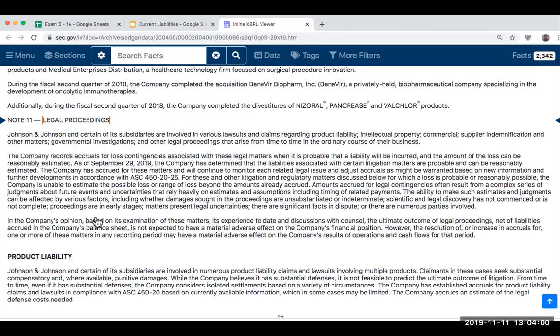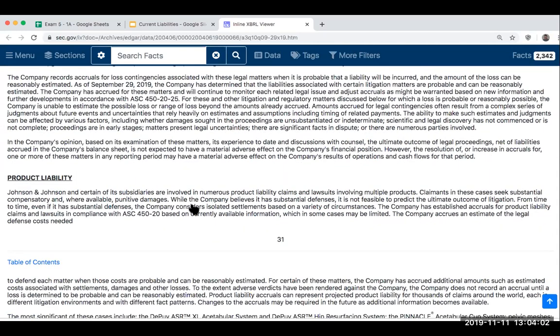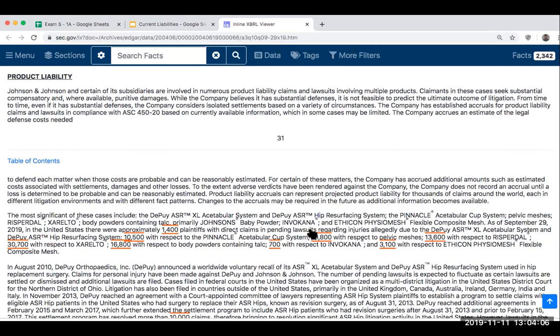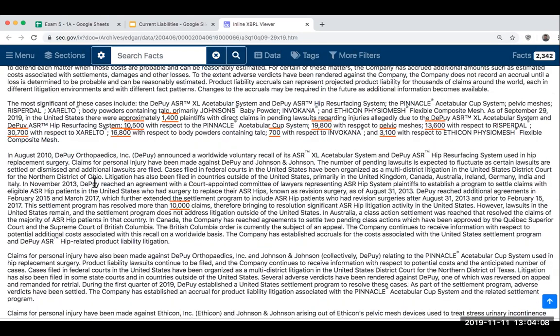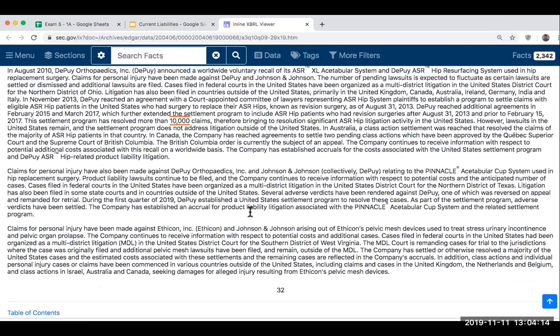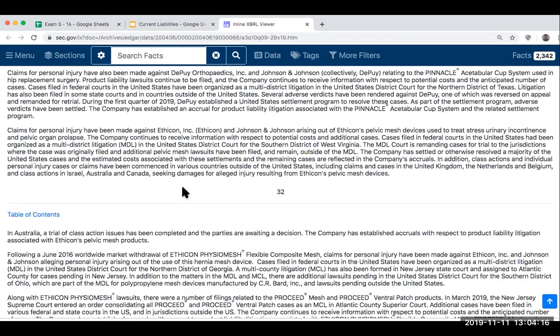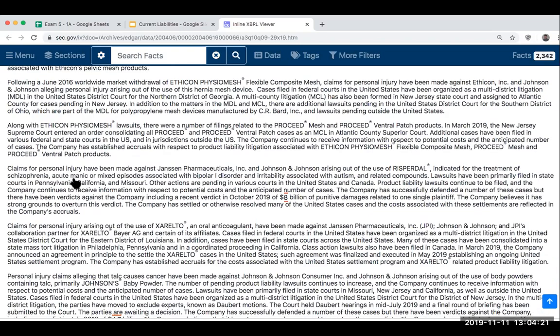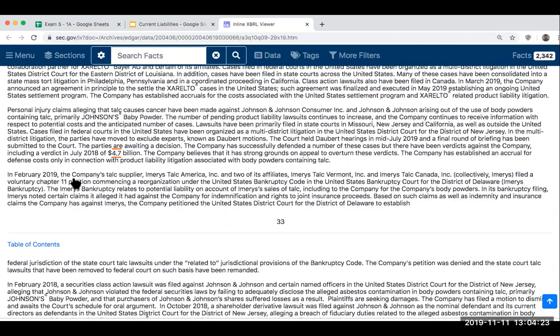So right over here, you look at product liability. Wow. And here you go. All these different things, pelvic meshes, a voluntary recall, all these different things. So claims for personal injury have been made against Johnson & Johnson in Australia, Ethicon, all these different items down here, Johnson's baby powder, right?